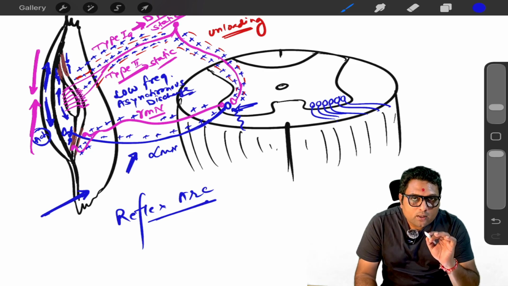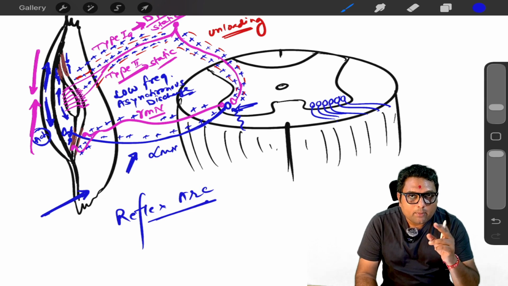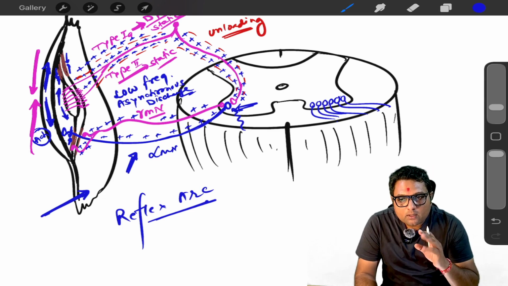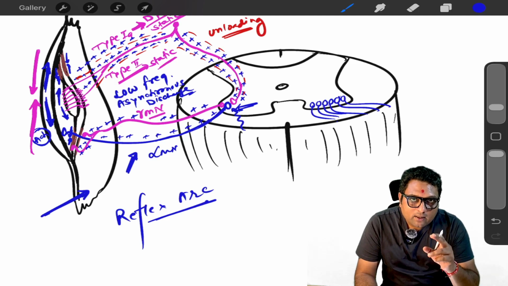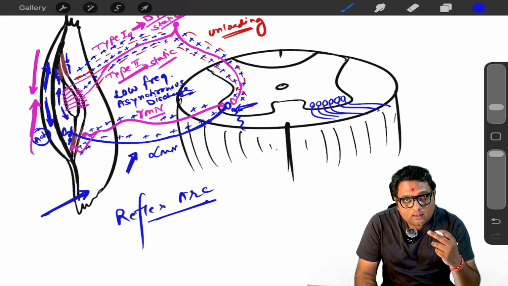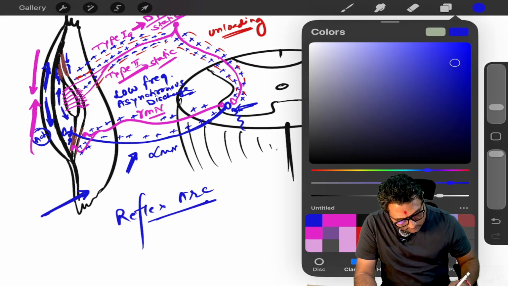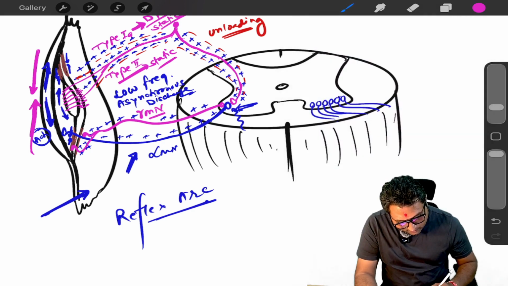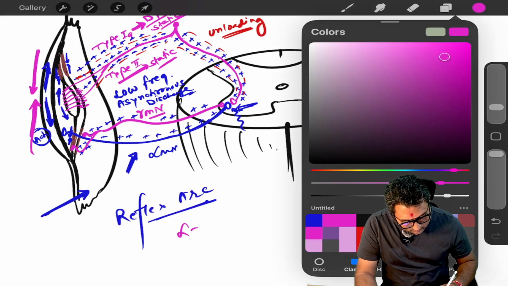So the gamma motor neuron basically helps in preventing unloading of the muscle spindle, and it maintains the sensitivity of the stretch reflex along with the alpha motor neuron. That principle is called alpha gamma coactivation.